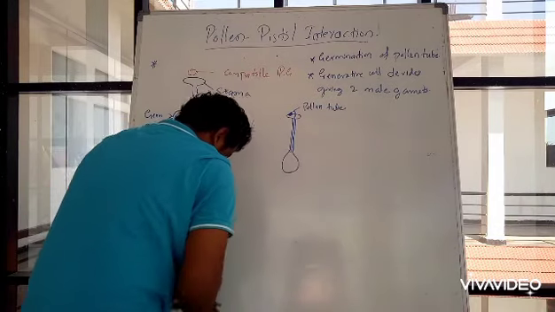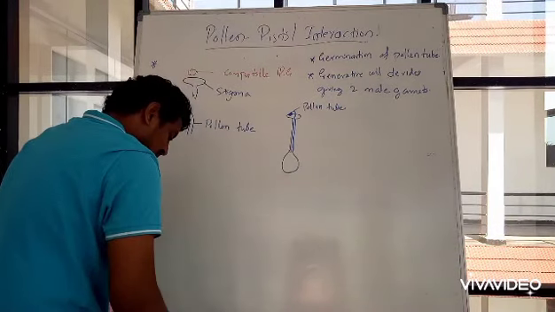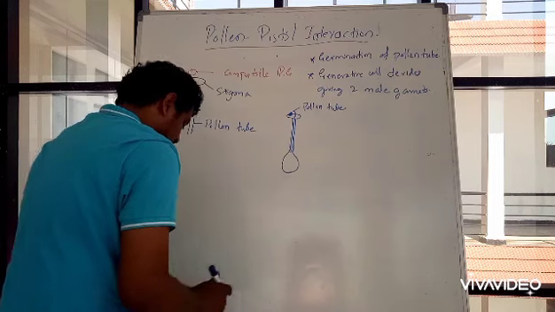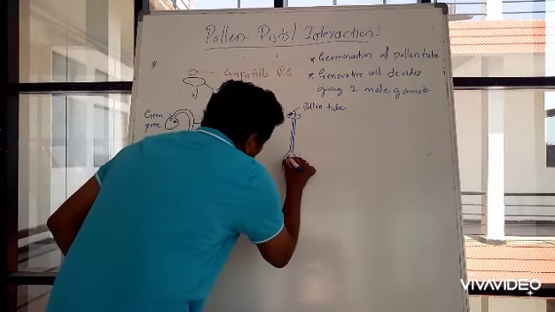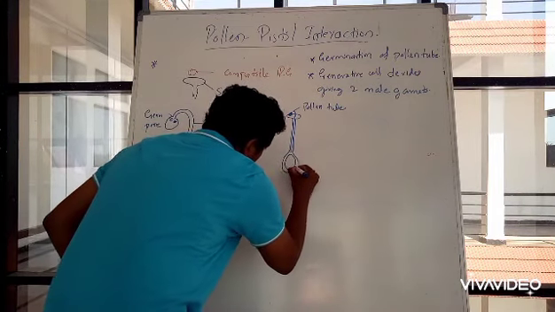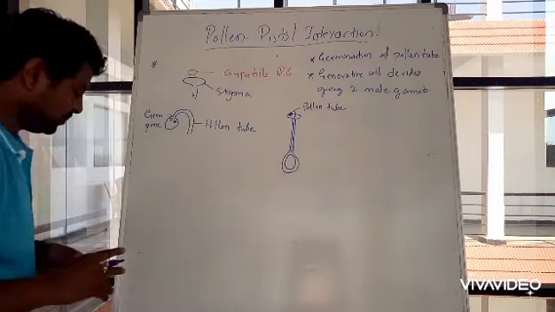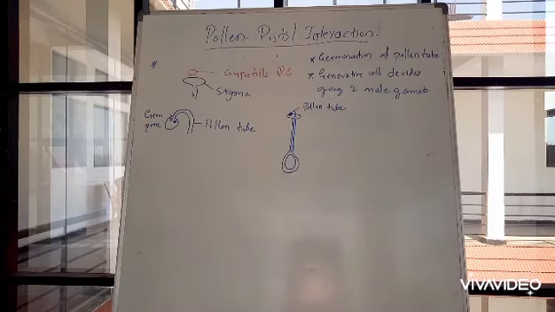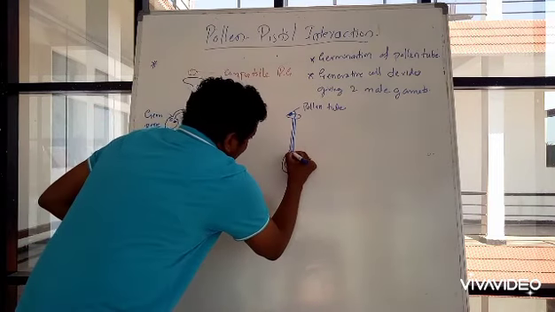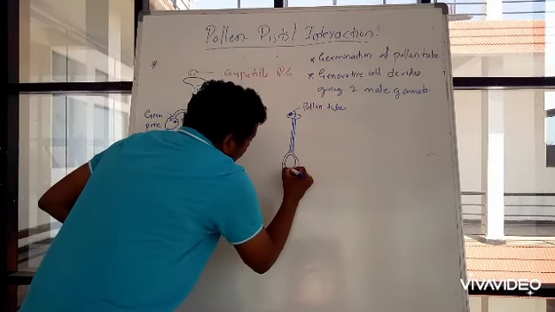I will just draw the diagram of the ovule here. Inside this, the ovule will be there. It will make its entry through the ovule.